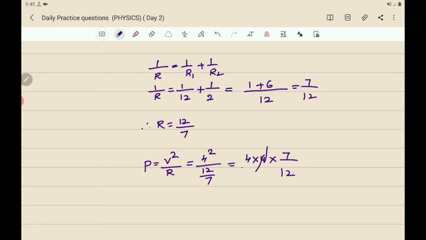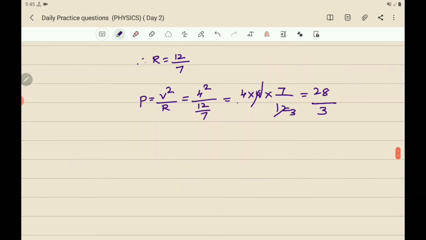Then 4 ones are 4, 4 sevens are 28. 28 divided by 3: 3 nines are 27, 28 minus 27 is 1, then you put the point, take the 0 here, 3 threes are 9, 1 again, so here 3 is recurring.